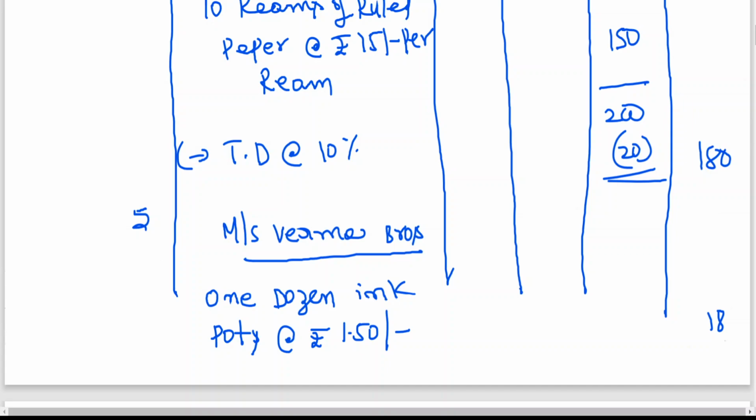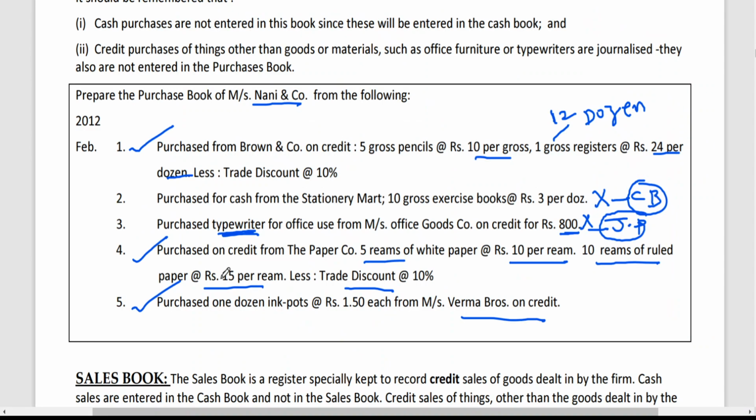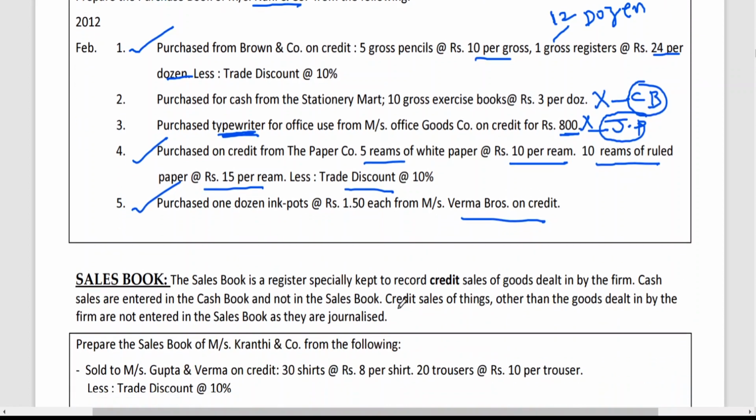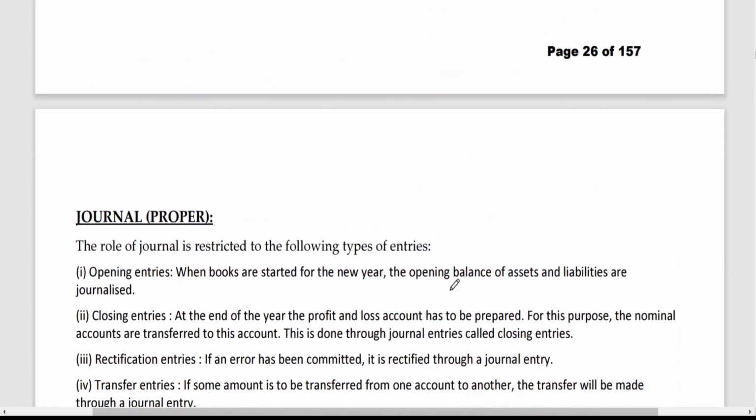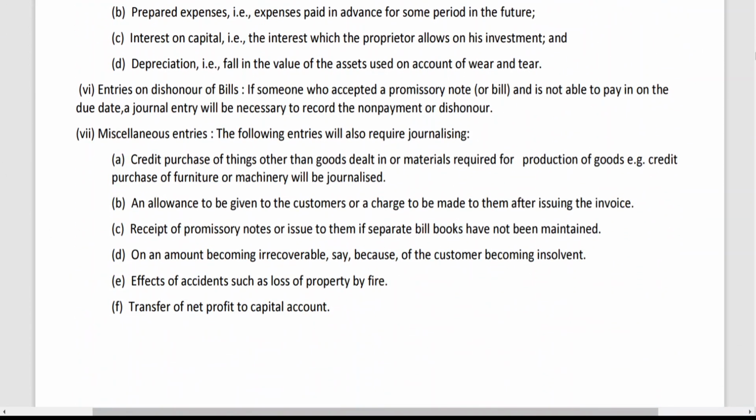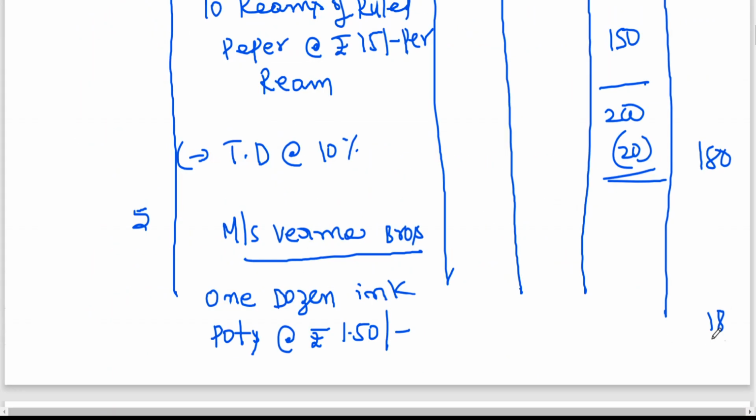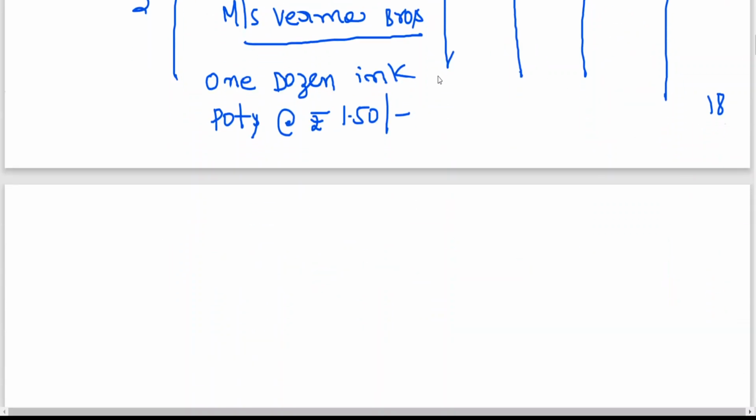Just a minute. 1 dozen ink pots at 1 rupee 50 NP each means 12 into 150, correct. 1 dozen consists of 12 items, so 12 into 150, that's correct. Okay, so it is coming to 18 rupees. So you don't have any discount here. Now you can go for totaling of it.